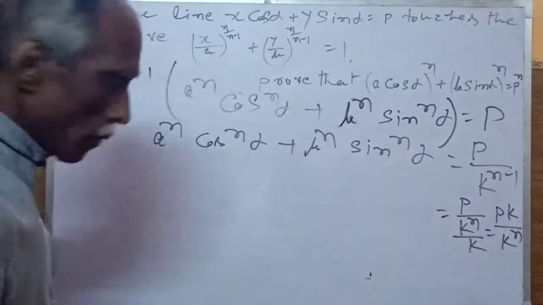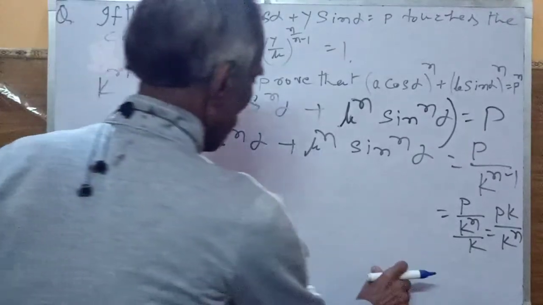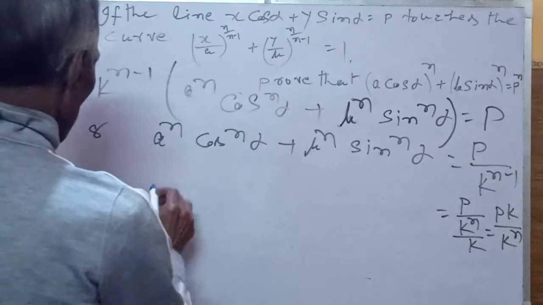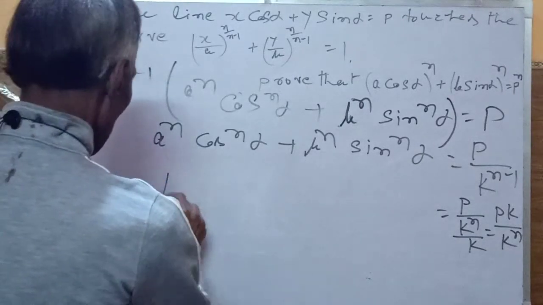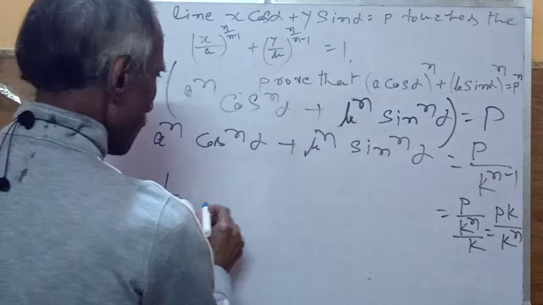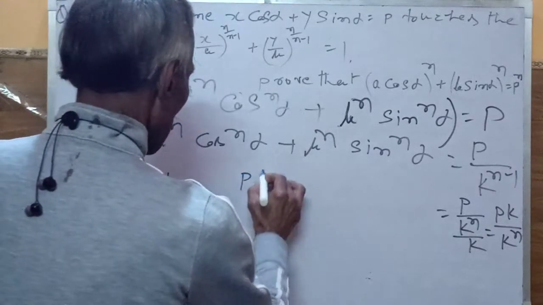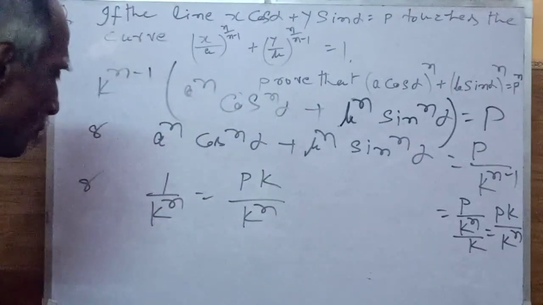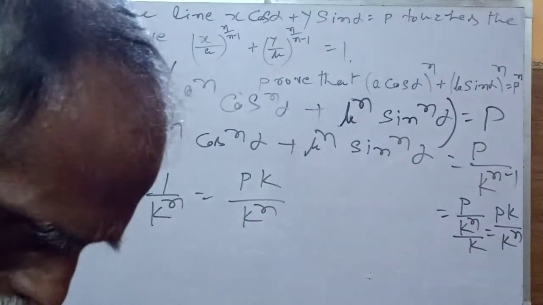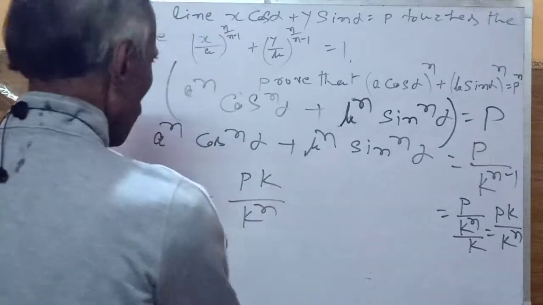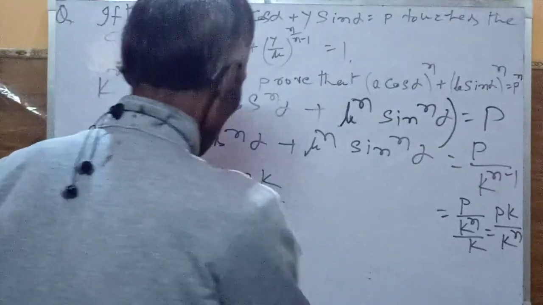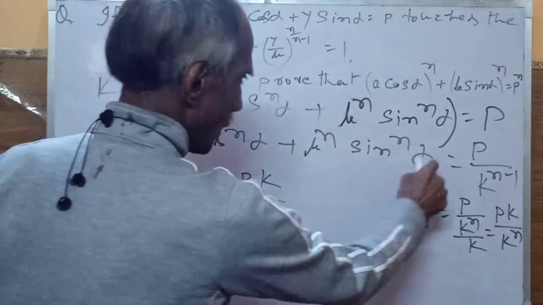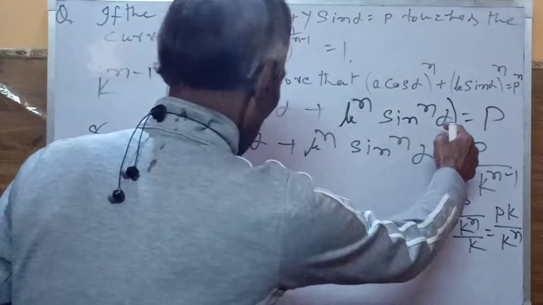Now 1 by k^n is equal to pk by k^n, from equation 5. In equation 5, I have written a^n cos^n alpha plus b^n sin^n alpha is equal to 1 by k^n.